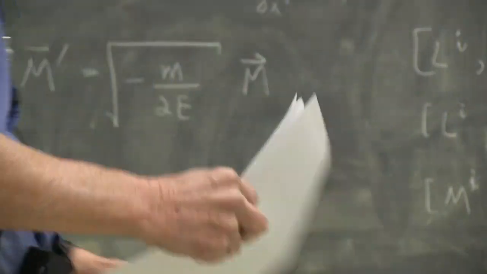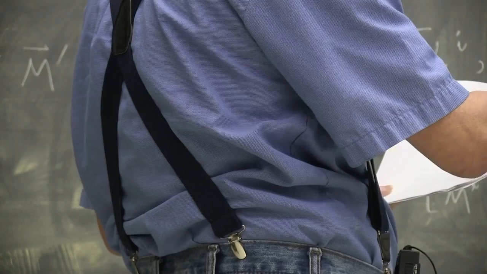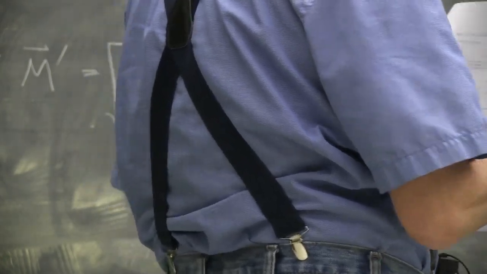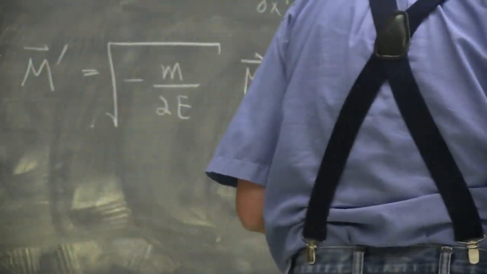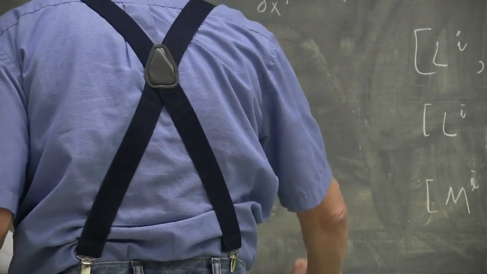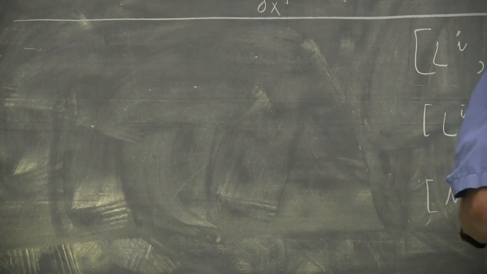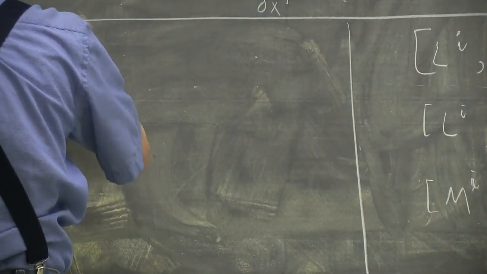This one is nicer because these appear in a much more symmetrical form, if you will, the L's together with the M primes. The commutation relations can be written like that.